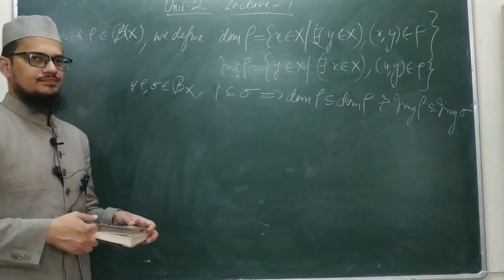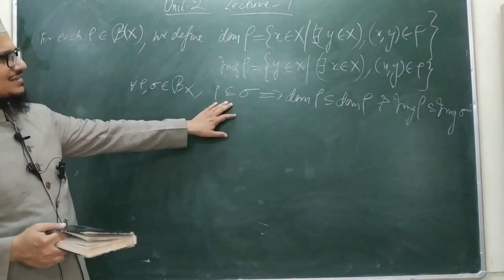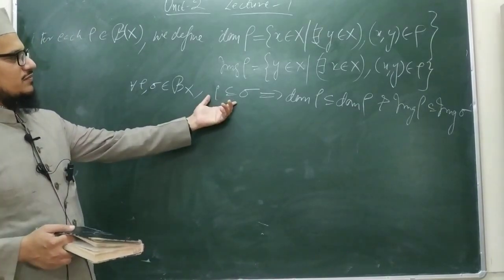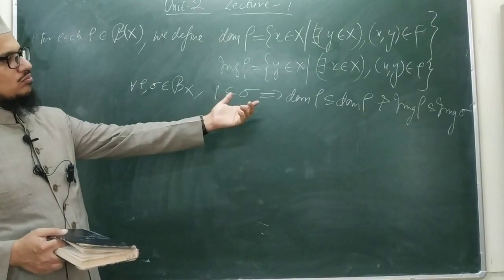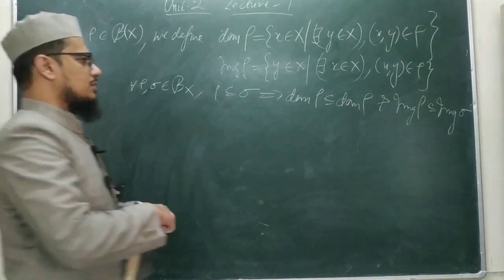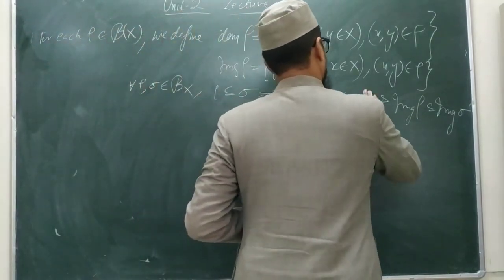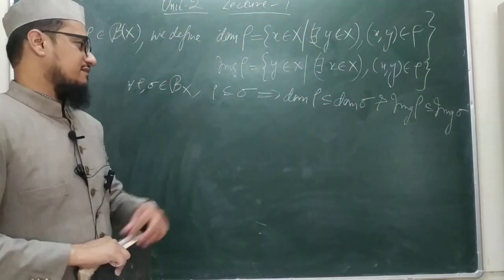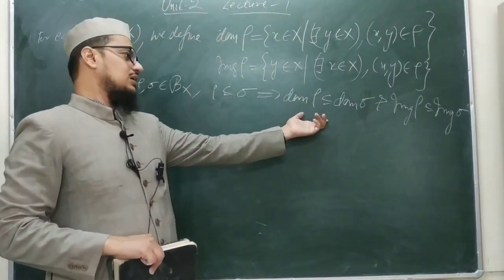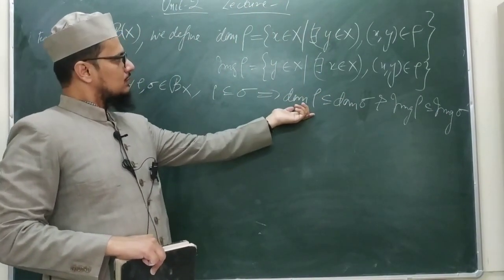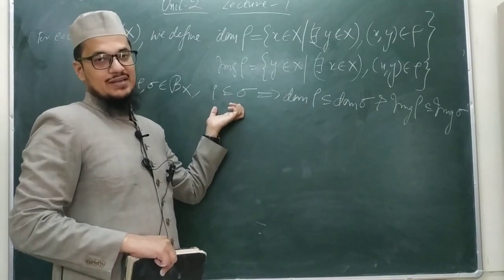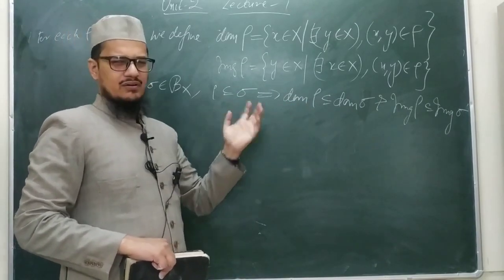I left this as an exercise for all of you. It's very easy. You take an element here and show that it goes here, because you have row is contained in sigma. Then this is very trivial.